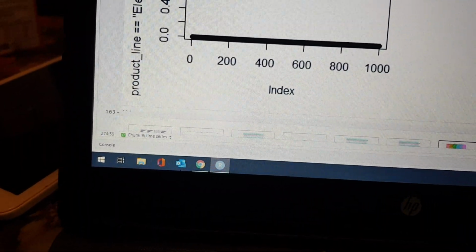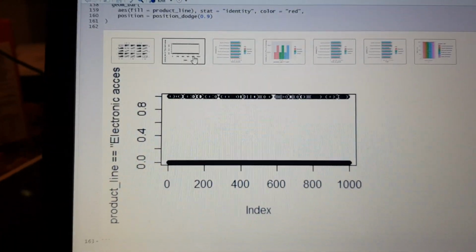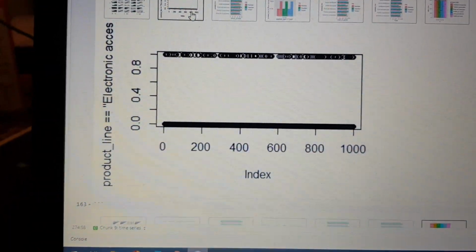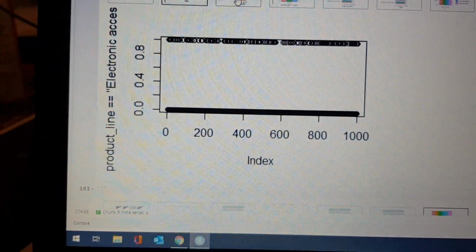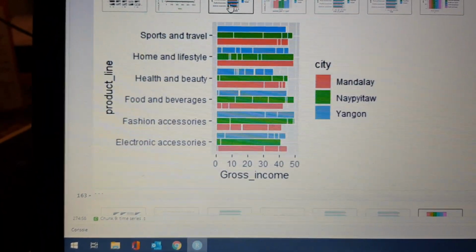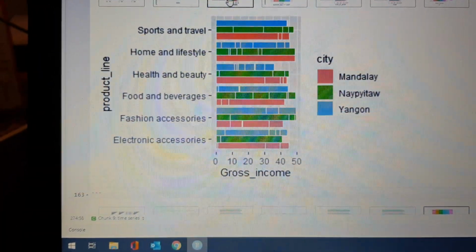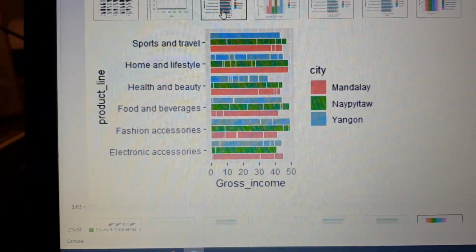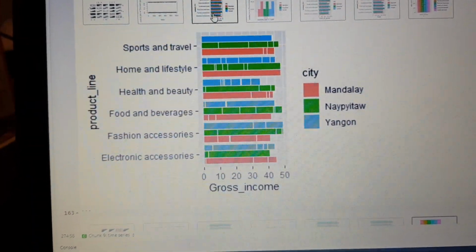Then I looked at product line, electronic accessories by unit price, and I looked at all the product lines versus gross income by the city: sport and travel, home and lifestyle, health and beauty, food and beverage, fashion accessories, electronic accessories. Different colours are the different cities.